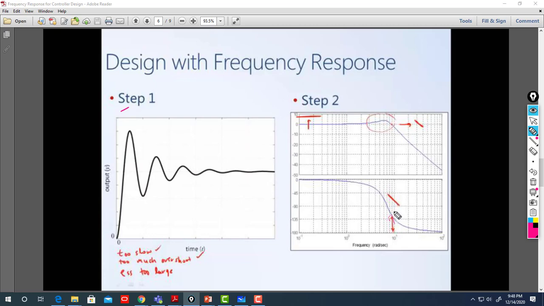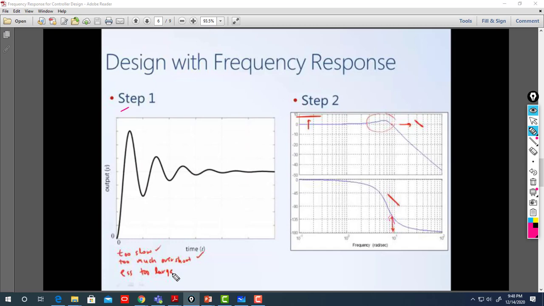Improve the phase margin and reduce the peak. Also, this improves the overshoot. So maybe I use one of them, or I use both. If the steady state error is too large as well, then I need to add a gain, amplify it here. So then I reduce the steady state error.